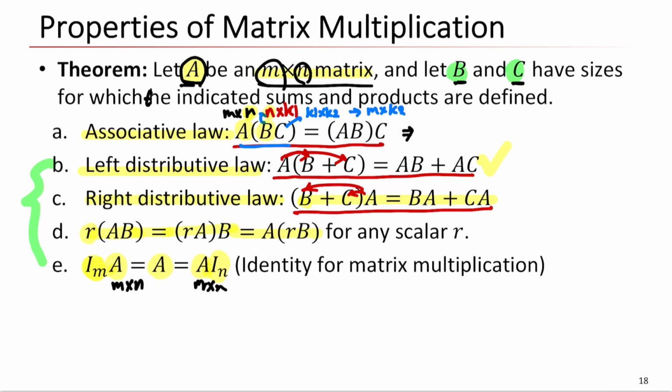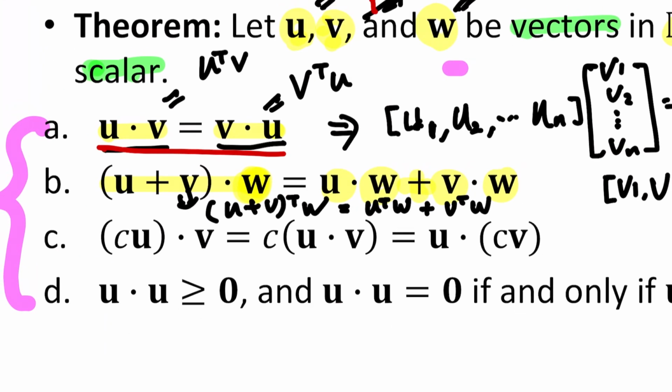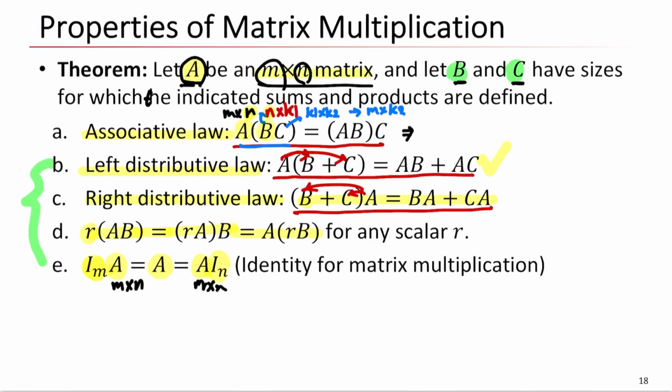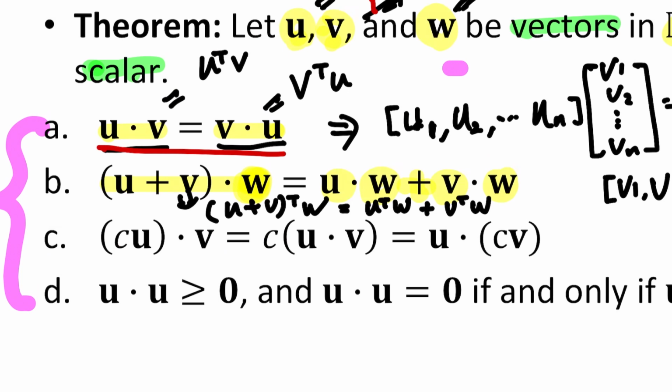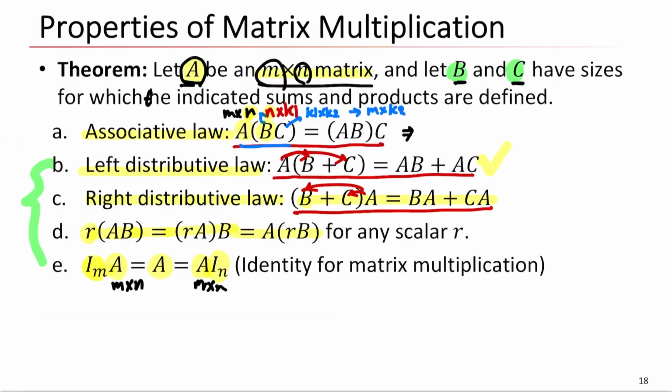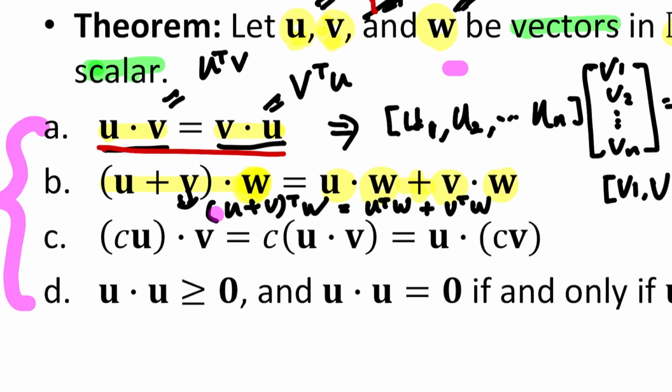From this one, (B plus C) times matrix A is equal to B times A plus C times A, right?